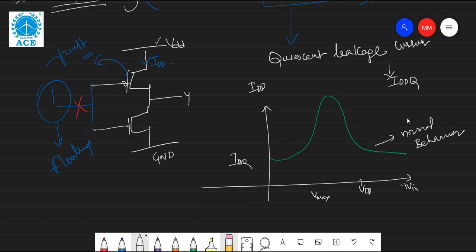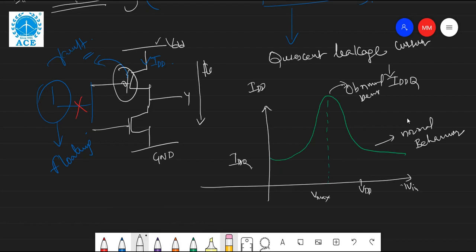Okay, and this one is abnormal behavior. What will generally happen is that a large amount of current flows when a fault occurs in the gate or there is a floating input.